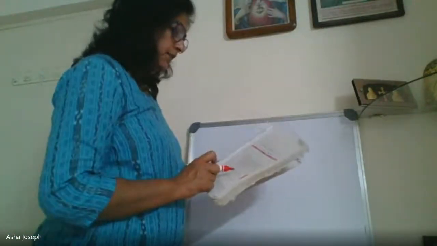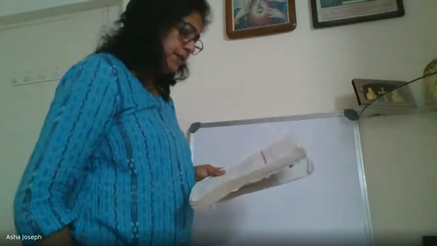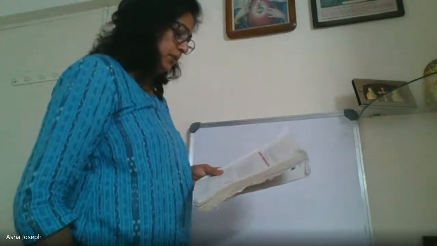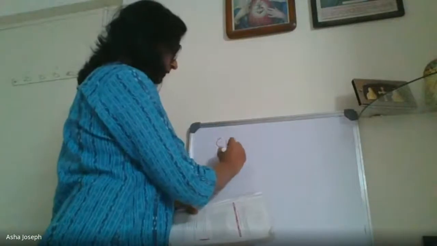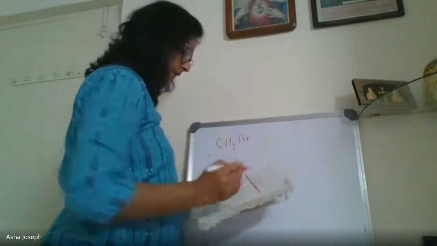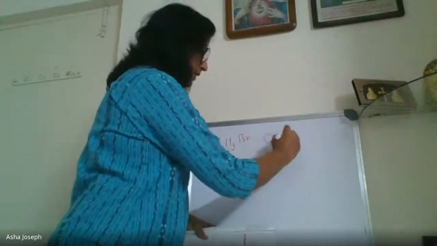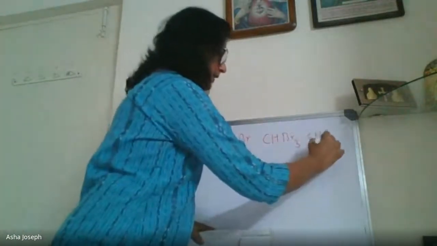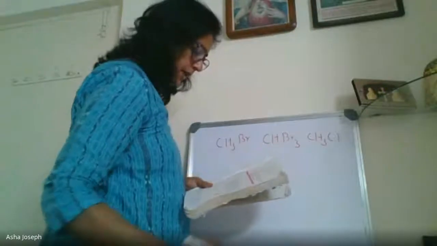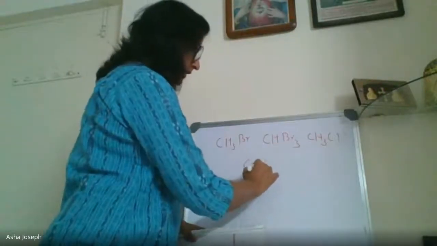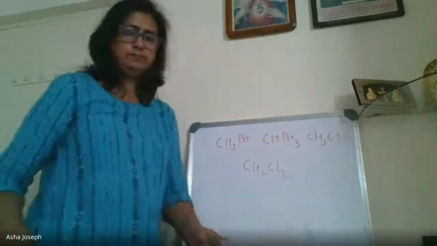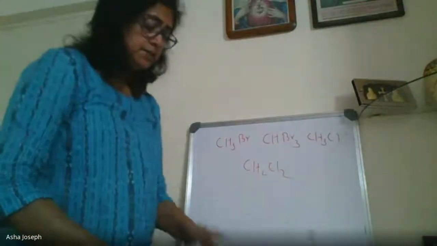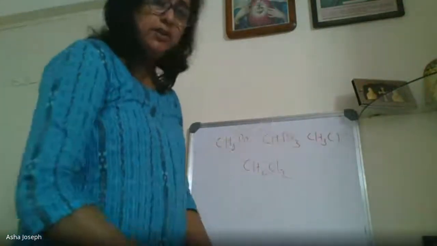Arrange the set of compounds in the order of increasing boiling point. The first one is bromomethane. The second one is bromoform, CHBr3. Chloromethane, CH3Cl. And dichloromethane, CH2Cl2. So you have to arrange in the increasing order of boiling point.